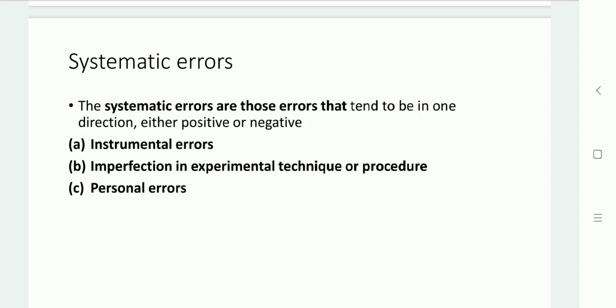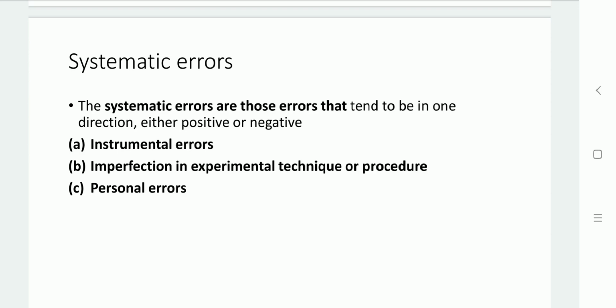So when we connect that voltmeter to measure a voltage, this error is always going to be added. This addition of the error is positive. If an error reduces our value by the same amount, that is a negative error. So a systematic error can be positive or negative, but for one device it must be in one particular direction, either positive or negative.